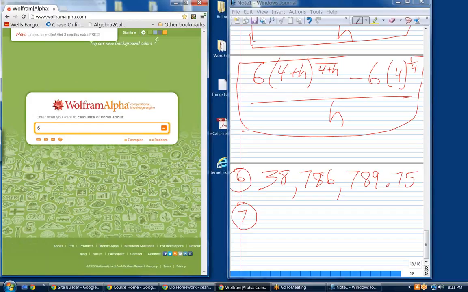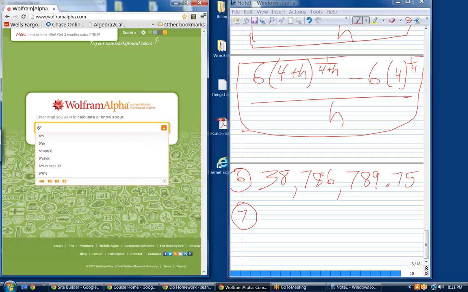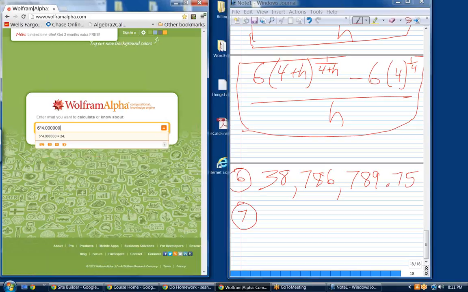So let's see, I want 6 times 4.1234561 raised to the... Yeah, I got like a decimal that time, so over 4.1234561 end parenthesis minus, whoops, let me make sure I use my minus sign, minus 6 times 4 raised to the 0.25 power.